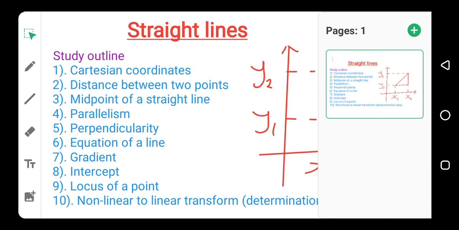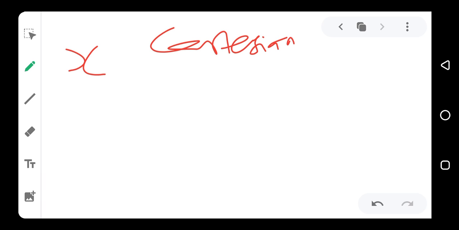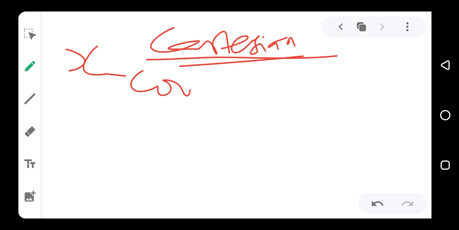So in every graph there are two lines: the x axis, which is also called x coordinates, and then y coordinates or y axis.